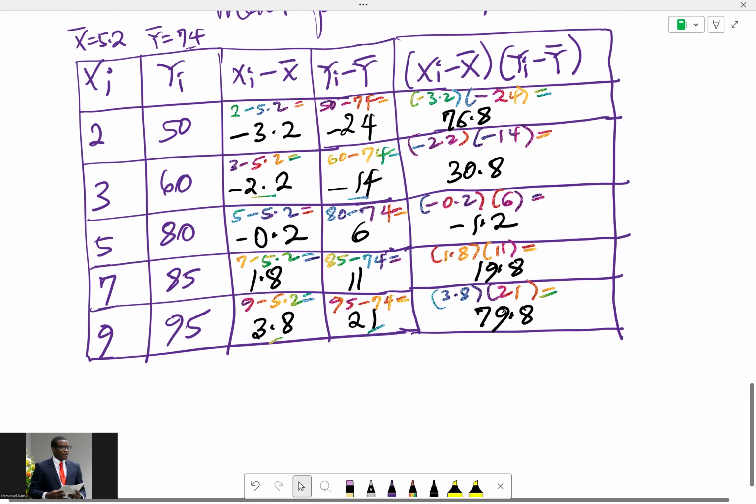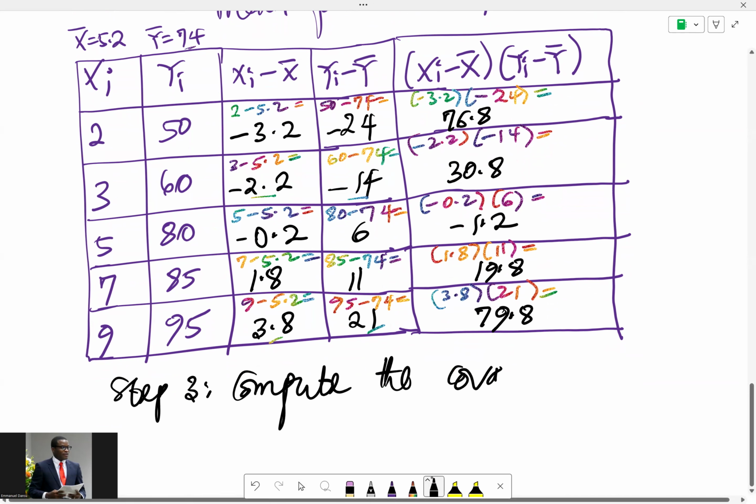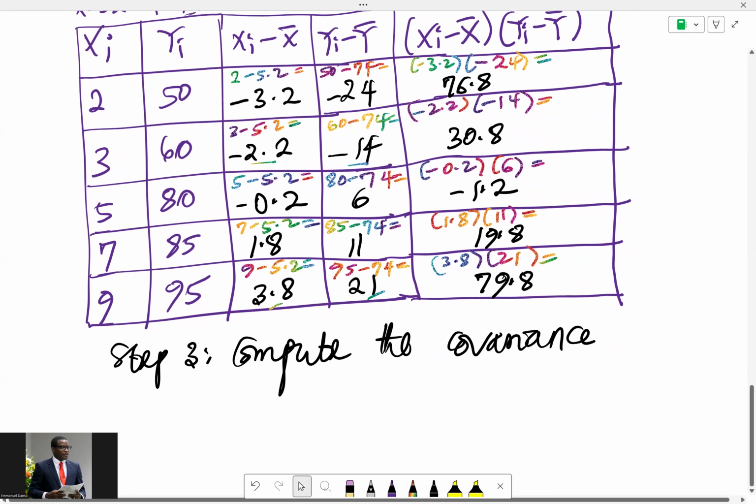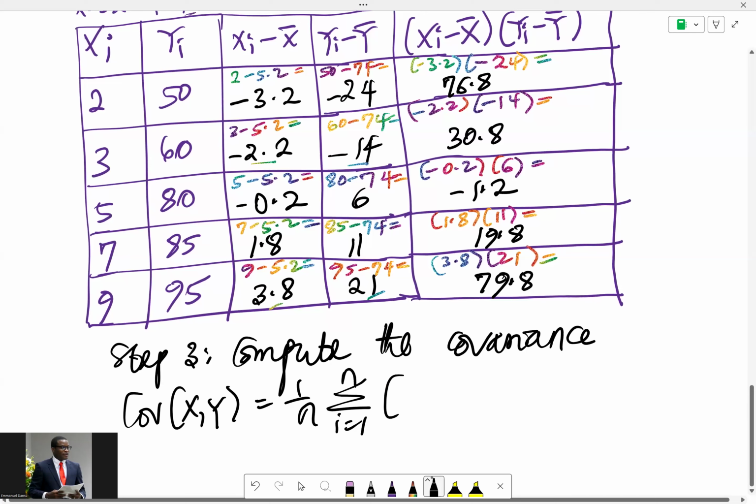So step 3 now: compute the covariance. Now that you've done the table, compute the covariance. That simply is that the covariance of x comma y is equal to 1 over n, summation from i equals 1 to n of xi minus x bar times yi minus y bar.